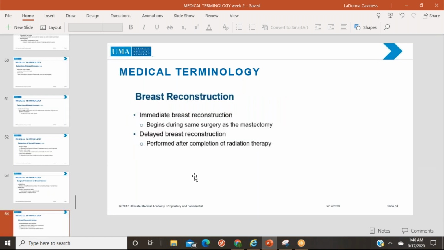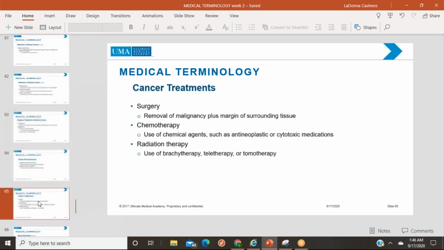Breast reconstruction. Immediate breast reconstruction begins during the same surgery as the mastectomy. Delayed breast reconstruction is performed after completion of radiation therapy. Cancer treatments.